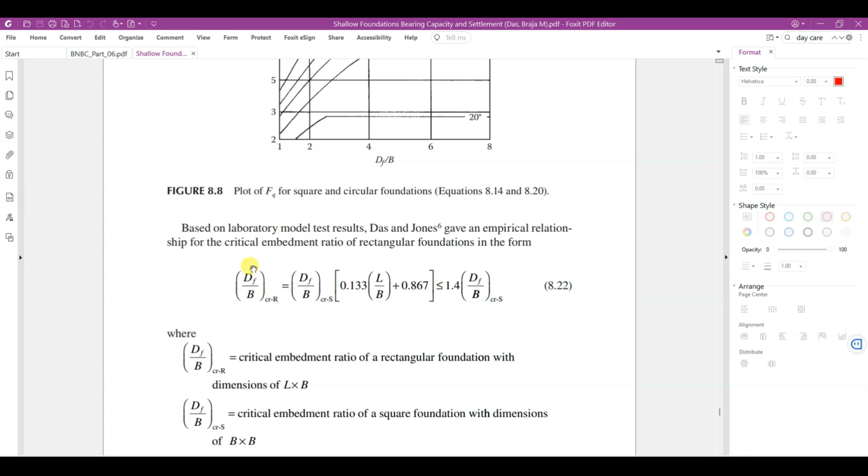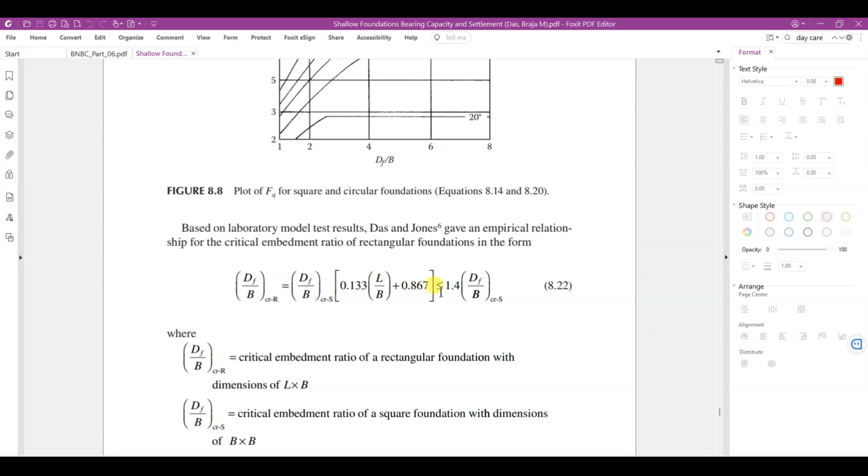This value can be determined using the value of square foundation, which we have just seen from the previous graph, which we found to be 4. The critical depth over width ratio for a square foundation is 4, for example, for 30 degree, and then L over B, we know this, we get this value easily.